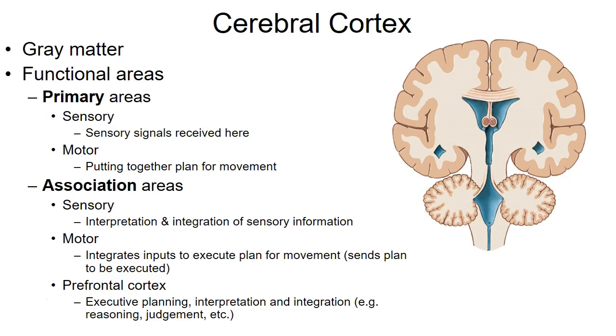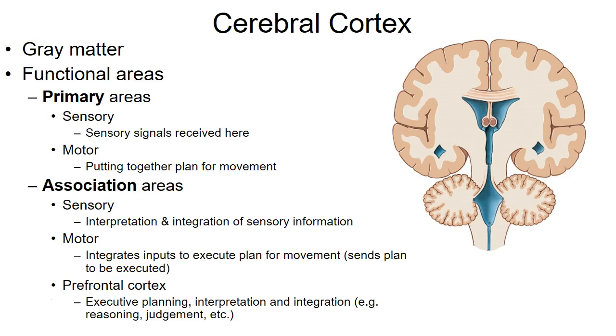So what do I mean by that? You walk by Krispy Kreme, and you see a delectable donut. Sensory information comes in, sends it off to the association area for, say, interpretation.